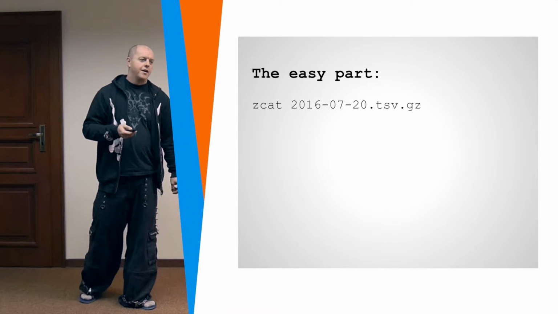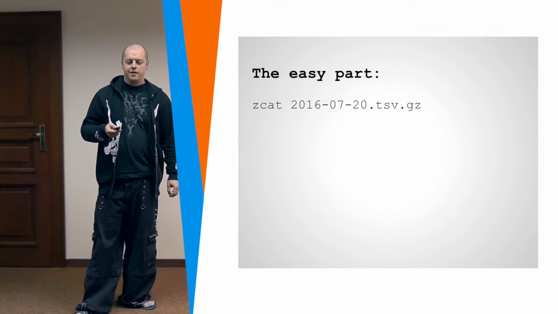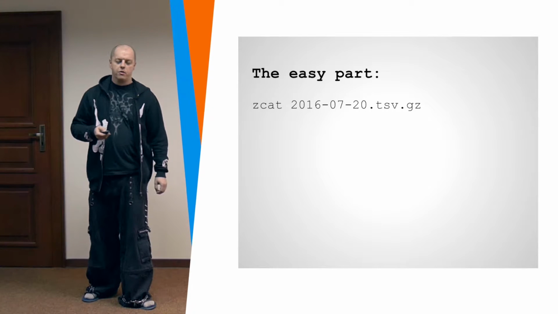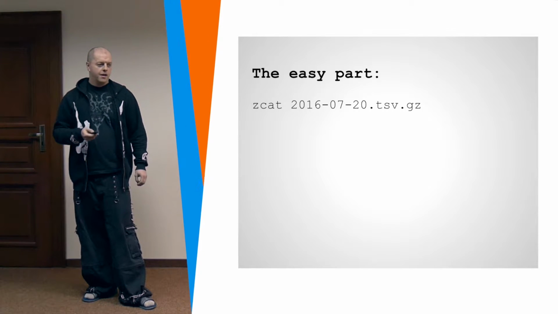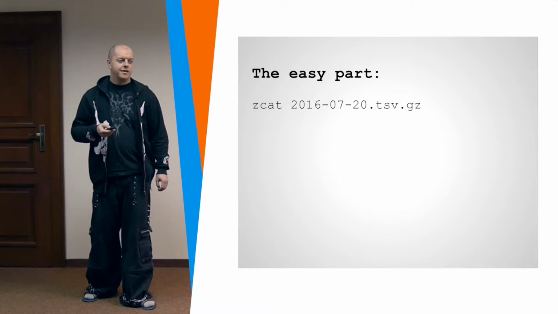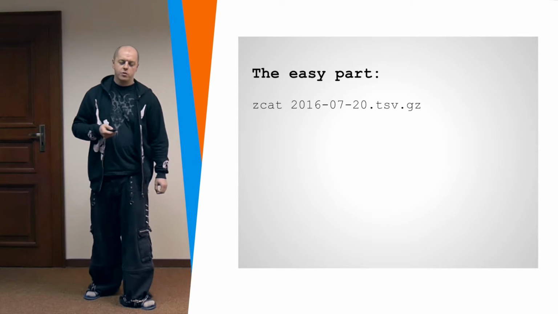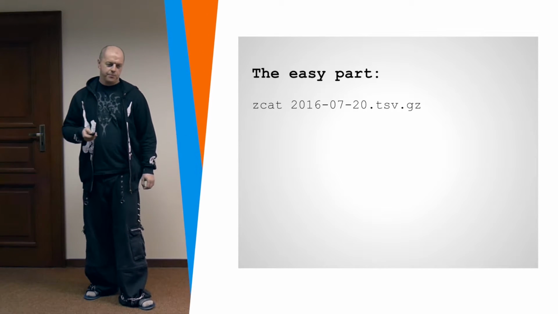So the easy part was to actually download the file from Heroku and zcat it, which is basically the same as cat, but works with archives.